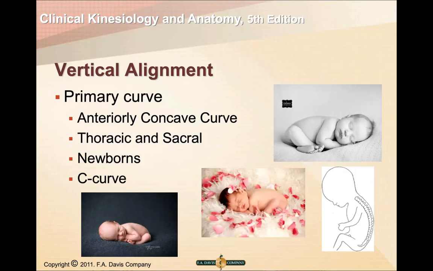But look at what he's doing now. He's lying in prone, so he's stretching out that C shape into a straight line, and he's starting to extend his head. He's starting to bring his legs up in the air, extend his legs against gravity. So that's the way that we get our classic S-shaped curve of our spine: we do that on our own through development and through movement as we're developing.